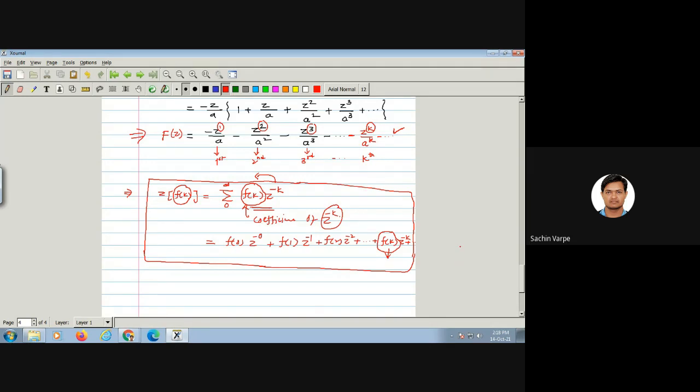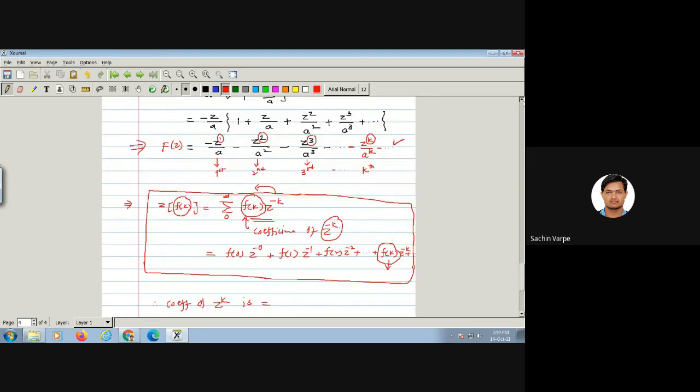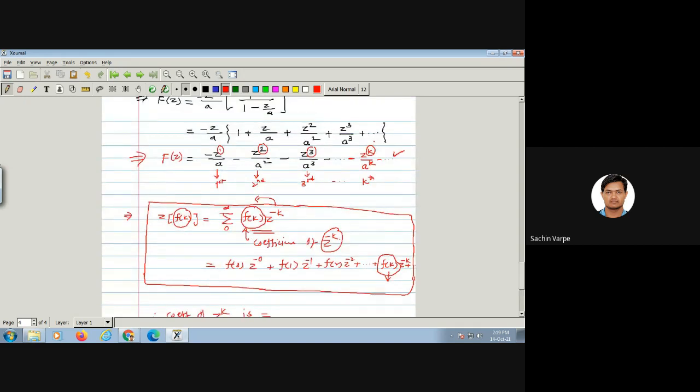I'll first get the coefficient of z raised to plus k, and then I'll replace k by minus k to get the required coefficient. So therefore, what is the coefficient of z raised to k? Can you tell me the coefficient of z raised to k in this expansion?